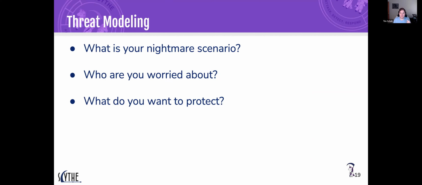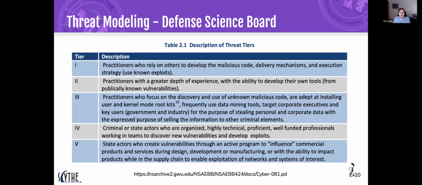And then, of course, you have to go get data. Another thing I like to showcase is some of the challenges of threat modeling. This came out from the Department of Defense, from the Defense Science Board. It's their description of tiered threats.